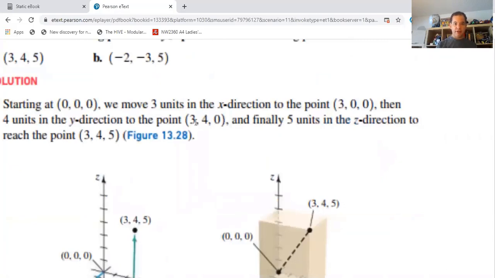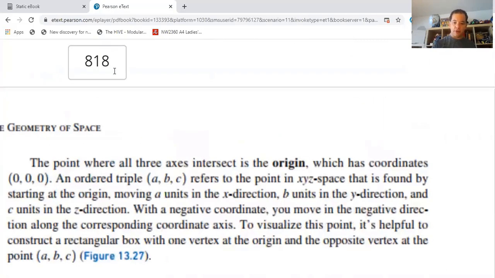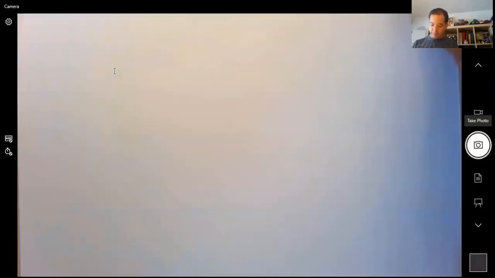Before we go back, let me move to the next page, and then we'll show the paper.